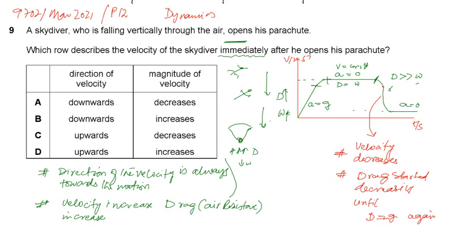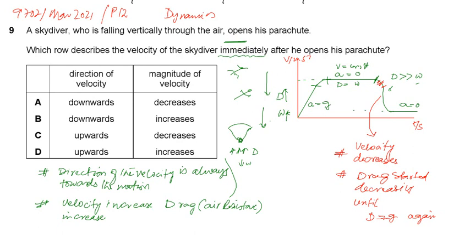From that velocity the parachutist, or skydiver, lands. So immediately after he opens the parachute, he is talking about this point. Related to the velocity, the velocity starts decreasing.